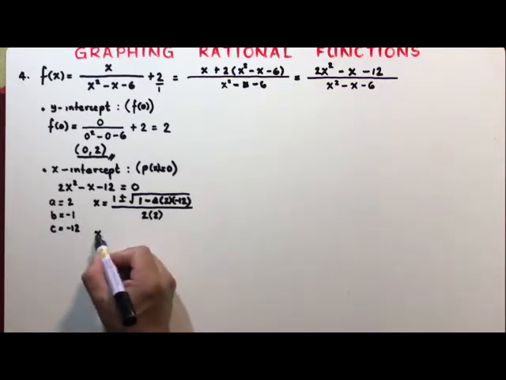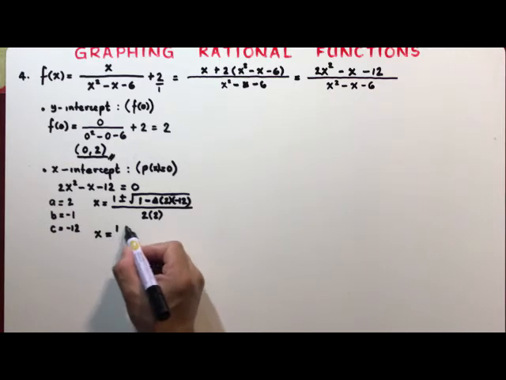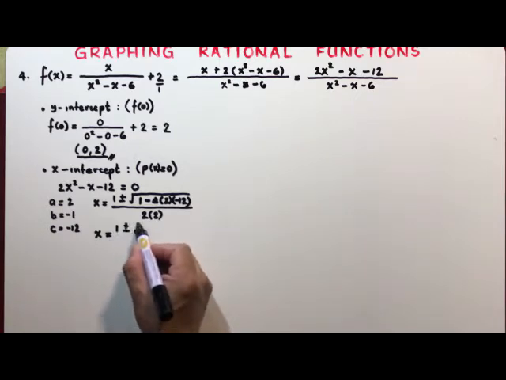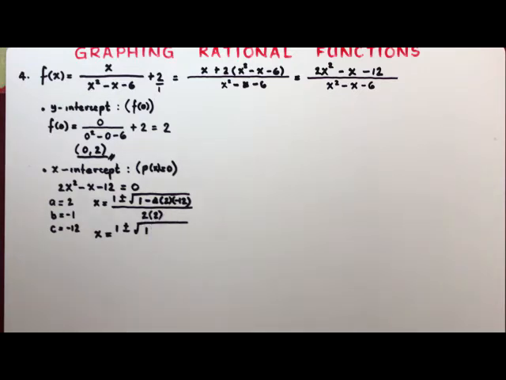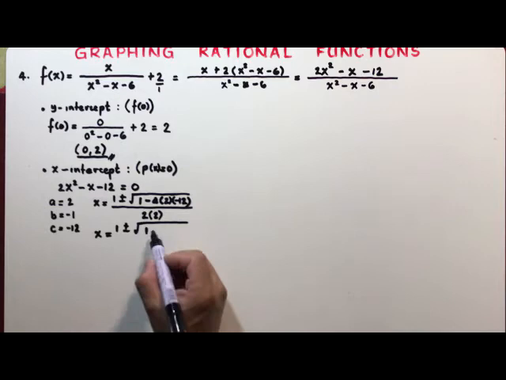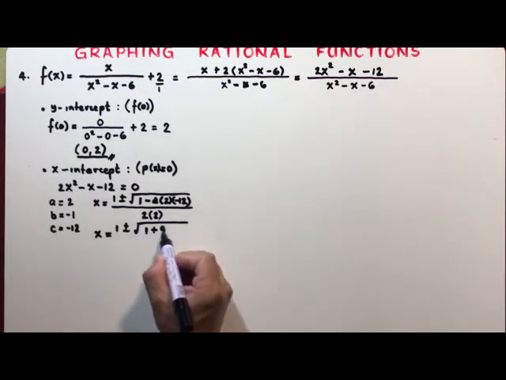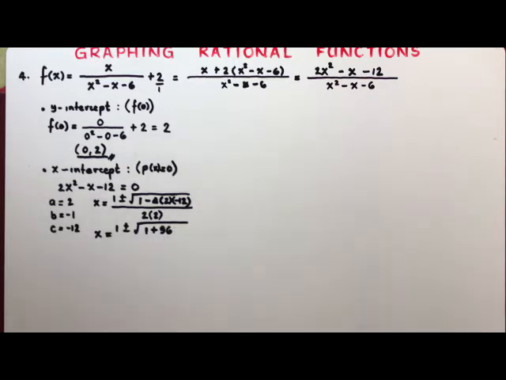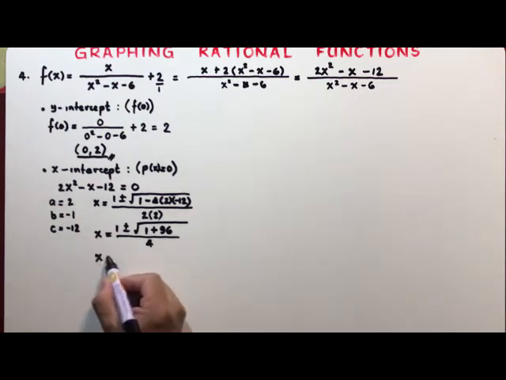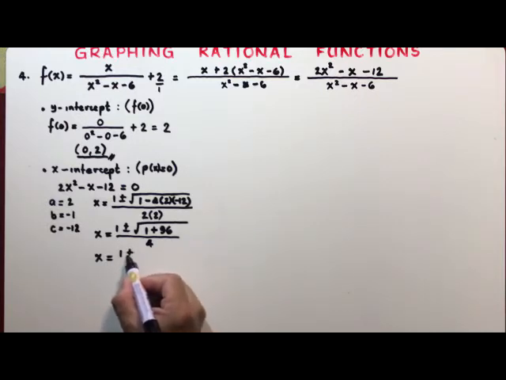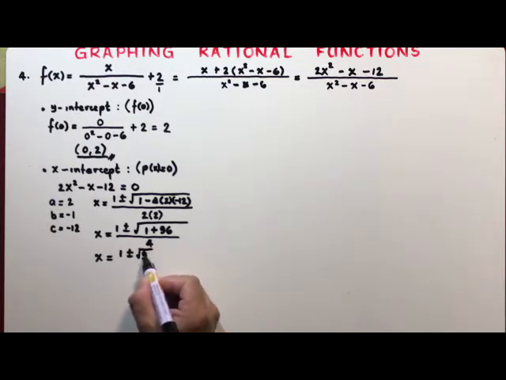So what is our x? Our x is 1 plus and minus the square root of 1, and 4 times 2 is 8, and 8 times negative 12 is negative 96. So minus the negative 96 is plus 96, and this is divided by 4. So x is equal to 1 plus and minus the square root of 97 all over 4.